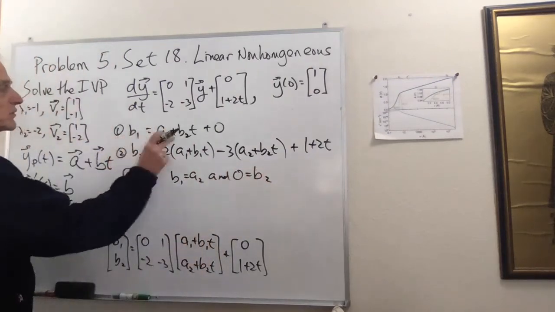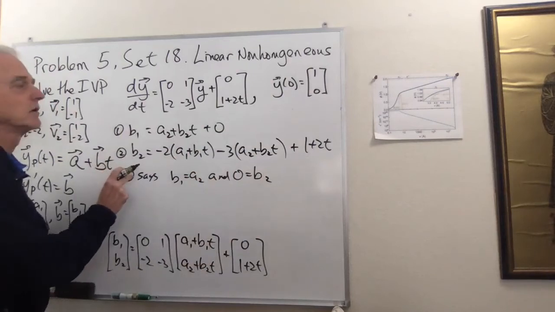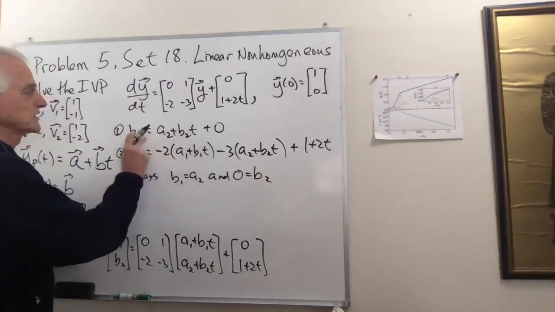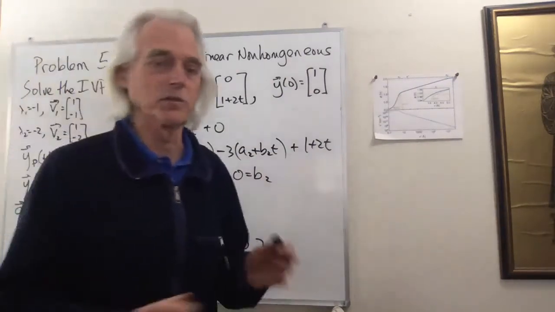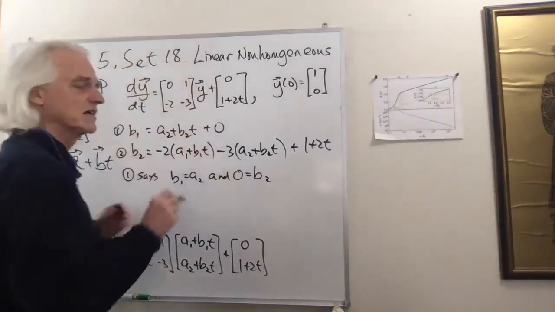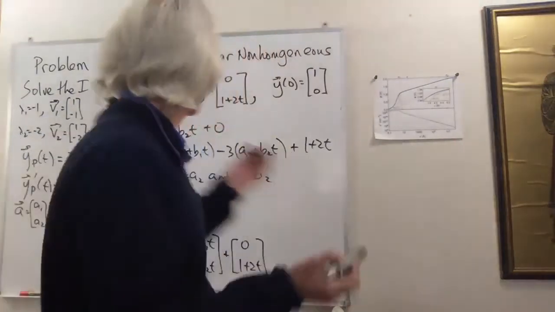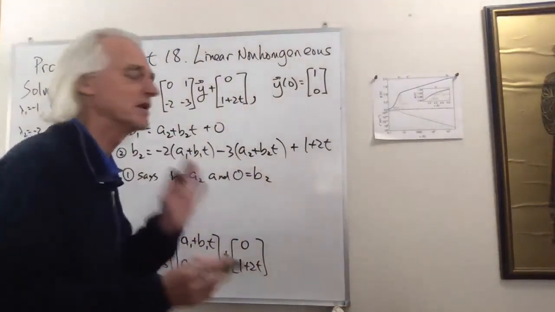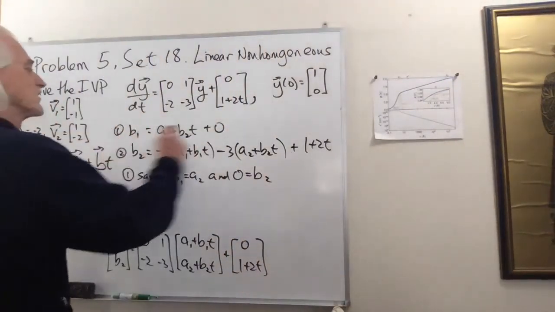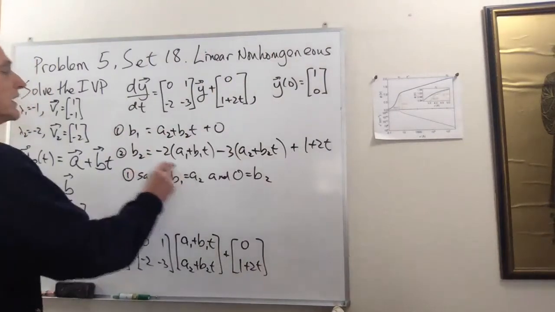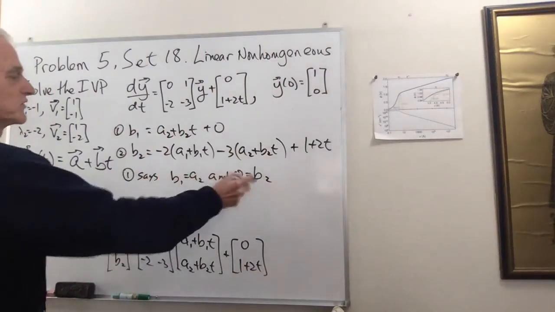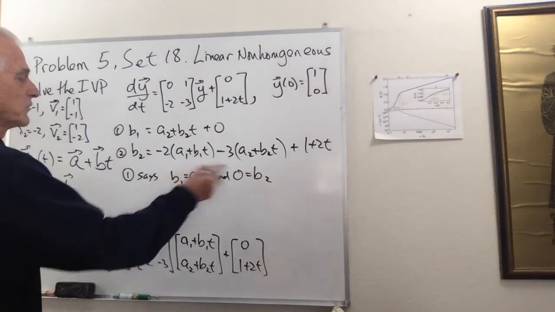The constant terms on both sides have to be equal, and the coefficient of t on both sides has to be equal, because this is an equation that's got to be true for all t. I know sometimes we see an equation like that and we solve for t, but no, this is an identity. This equation is true for all t, and that's only the case if B2 is 0 and B1 is A2.